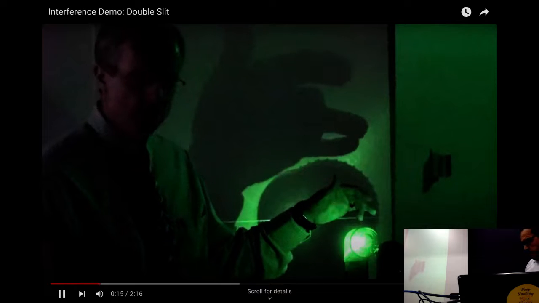I'm sending it through two slits that are separated in the first case by 0.25 millimeters, and then in the second case by 0.5 millimeters, larger separation. In both cases, each of the two slits is 0.04 millimeters wide.